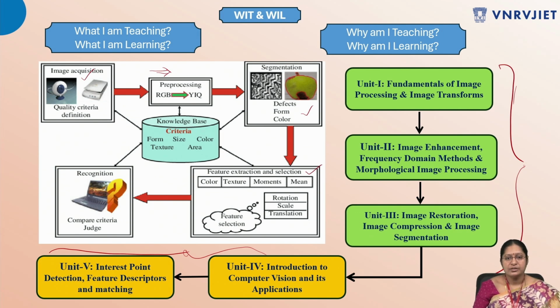Here, the features which we have to extract are color, texture, movements, the mean value, and how much it has to rotate, scaling, and transformation. These types all come under feature selection. Next, coming to compare criteria, judge, and recognition.